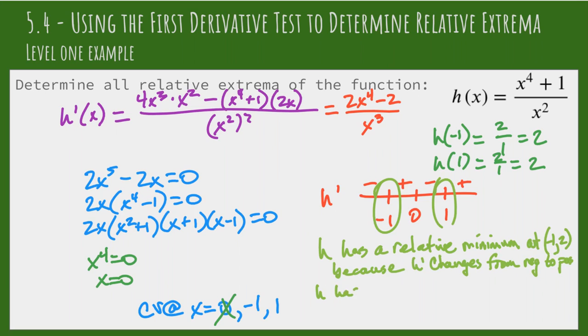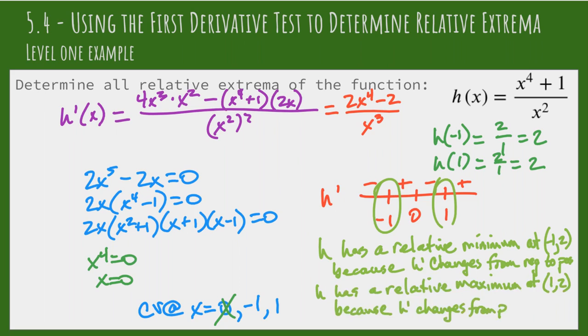And then h has a relative maximum at 1, 2, because h prime changes from positive to negative.